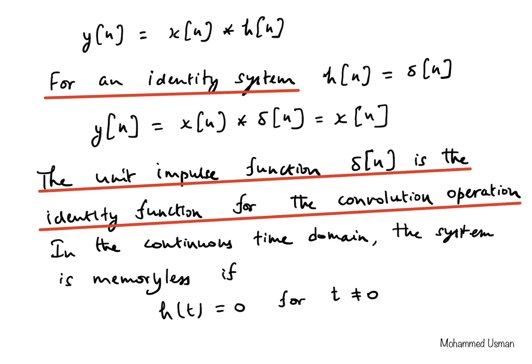These are properties which we have discussed before when we talked about system properties, but we are going to analyze them in more detail and try to identify whether the system is invertible or not, and whether the system is causal or not, by looking at its impulse response. So how can we determine whether the system is causal or not, invertible or not, or has memory or not, by observing its impulse response?